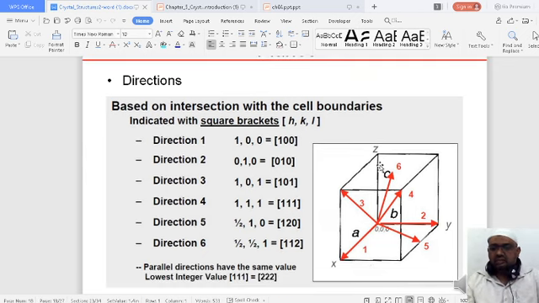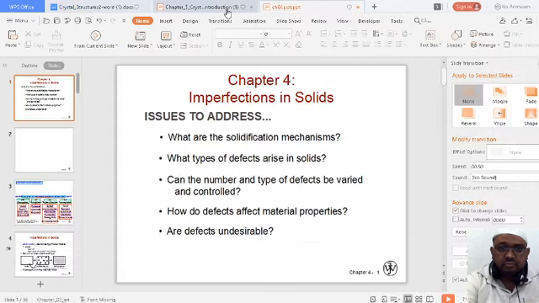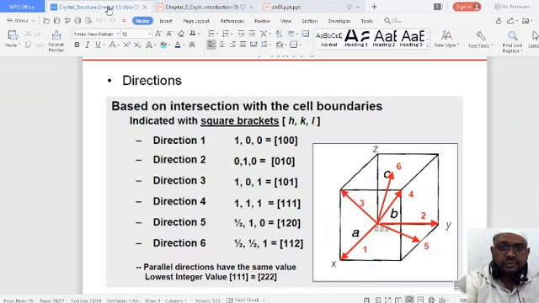We have just taken the example of a unit cell. You can see in the figure that there is a unit cell here. You have already seen how these directions are related geometrically.